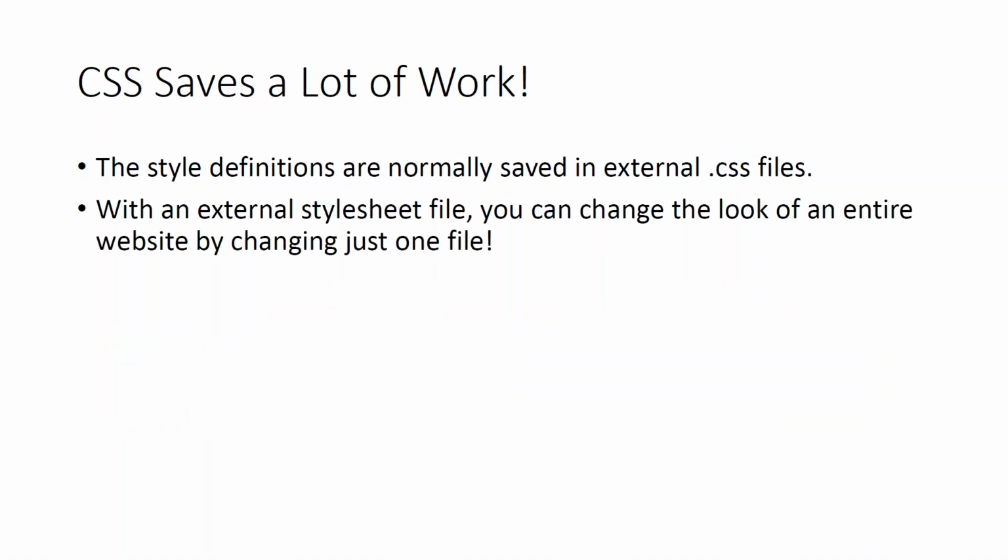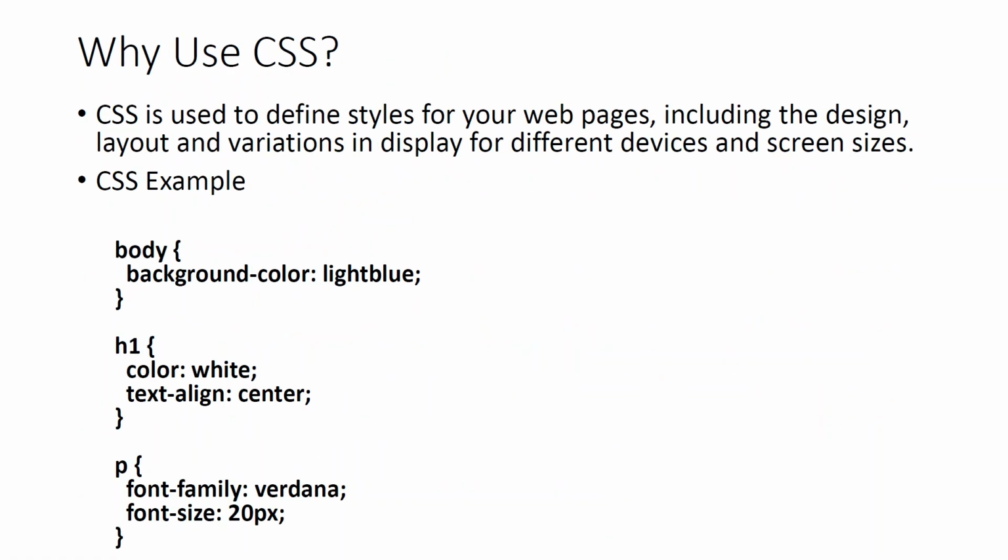So coming back to this example here, if you look at it now, the body becomes our selector, and then the CSS declaration block is basically anything from the opening curly bracket to the closing curly bracket. Everything within there is what we call the declaration block. Then in the second one, we have another selector called the H1.